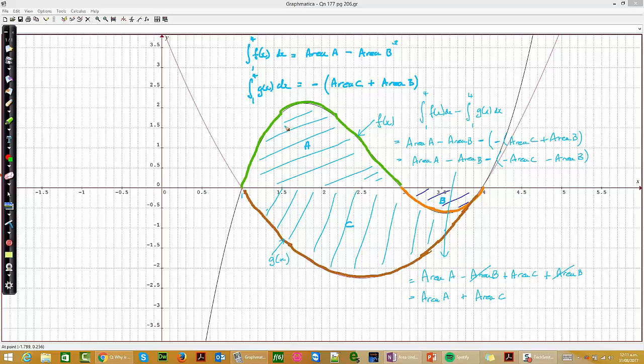So how did that happen again? Well, we simply took the integral between the limits 1 and 4 of the top function, the one at the top of the graph, minus the integral between 1 and 4 of the bottom part. Now, what we've done here for this particular example will always work.